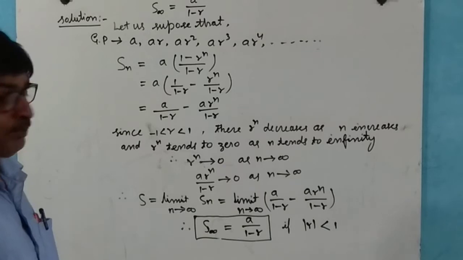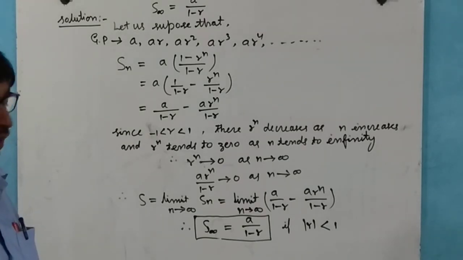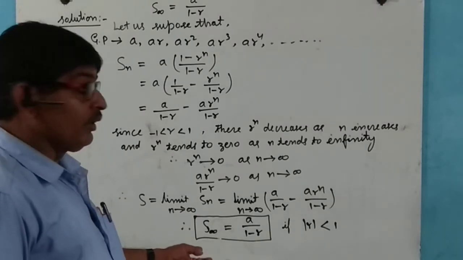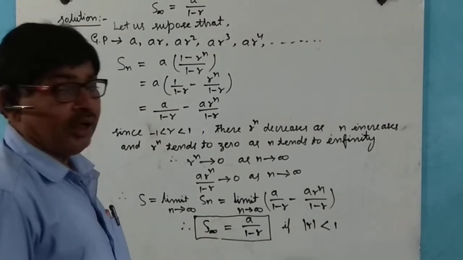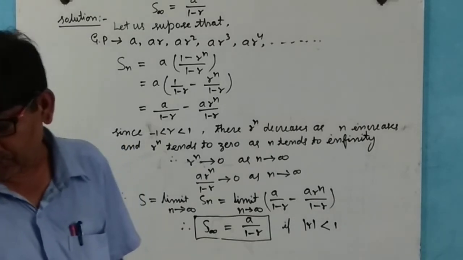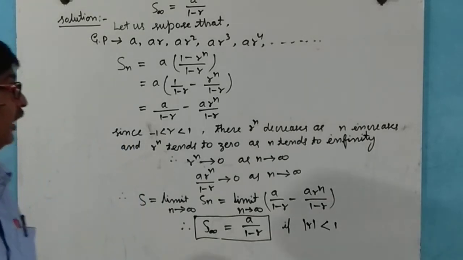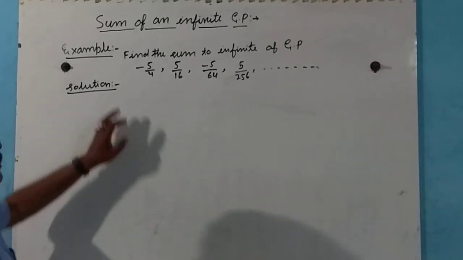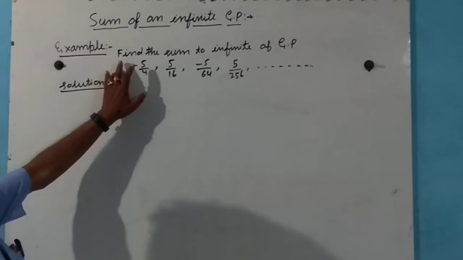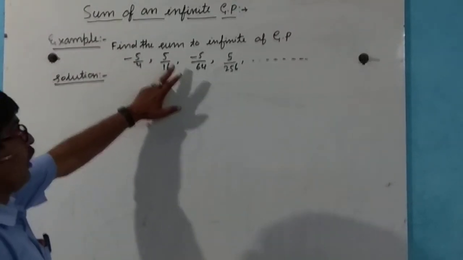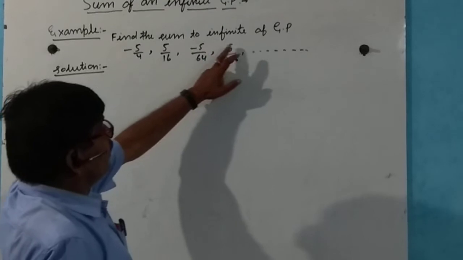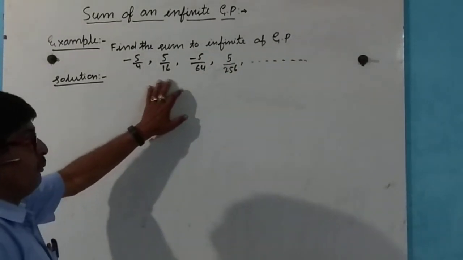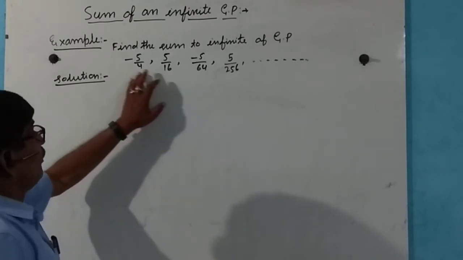With the help of this formula, we calculate the sum of an infinite number of terms of a GP. Now we take an example. Find the sum to infinity of this GP.